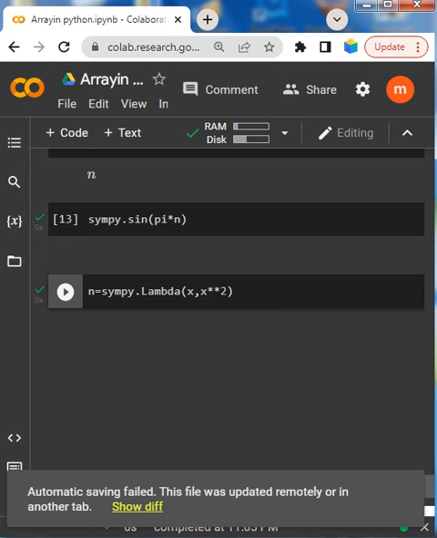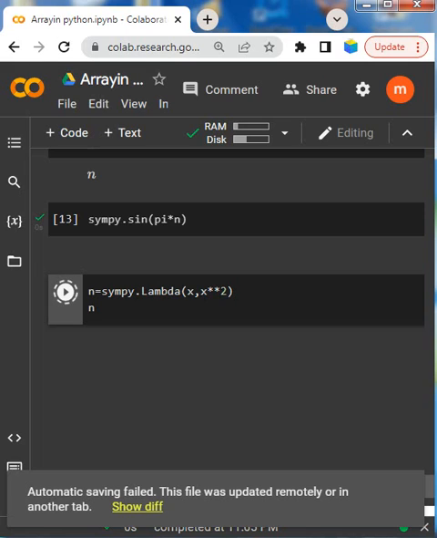So let's see, I am going to print n. So it has been printed like this.